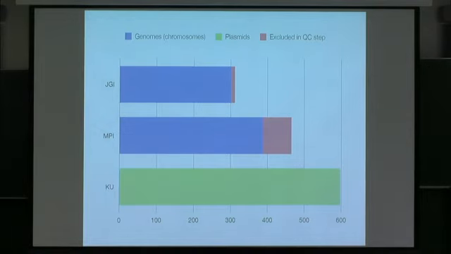To sum up, we have almost 700 new genomes sequenced at the JGI and MPI, and close to 600 plasmids available to sample from for our CAMI data sets. The red ones here were just the portion that was included in our very strict QC step.